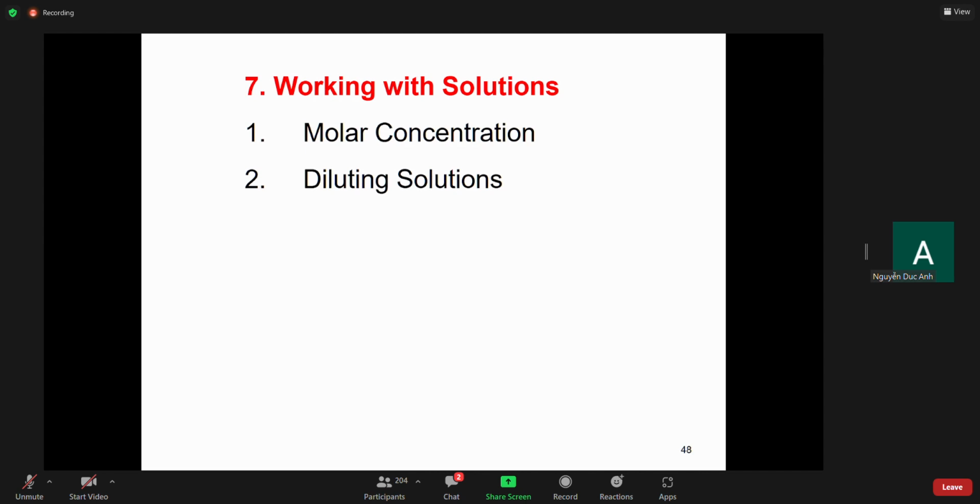So I hope that after this, you have some very first knowledge on working with solutions in laboratories, because in most cases we only calculate the molar concentration and prepare the solution with the right concentration.